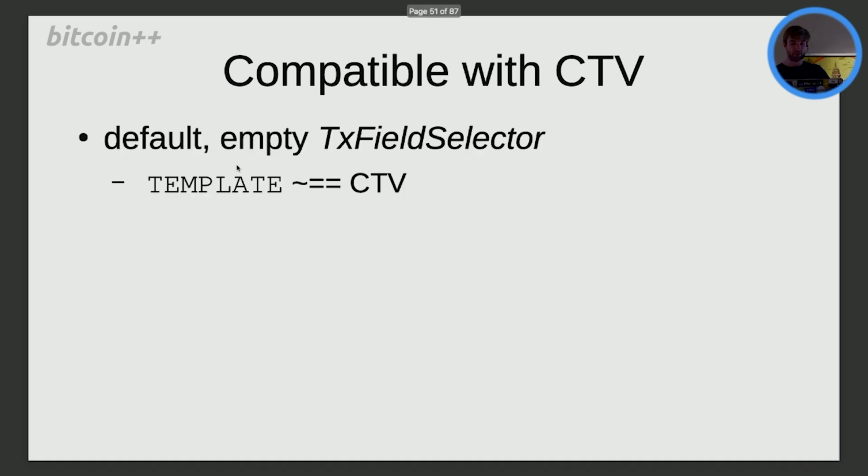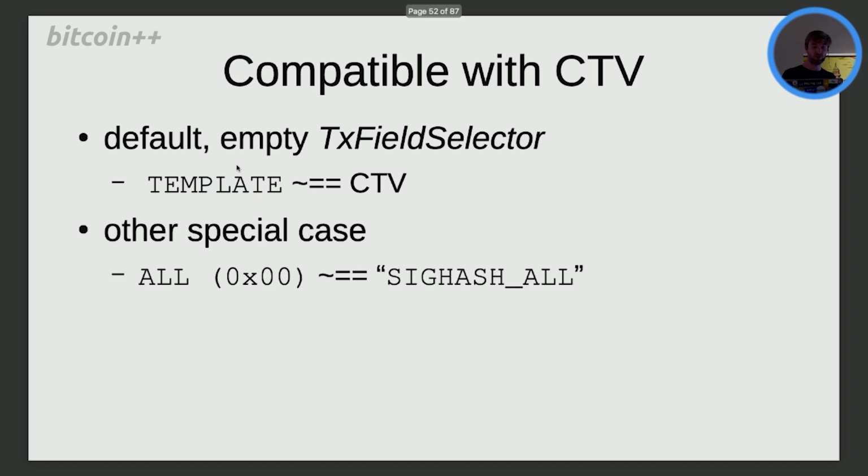The nice thing about this proposal is that it's very compatible with CTV. Because we define an empty field selector, like if it's 0 bytes long, we actually pick a field selector that is equivalent, more or less, not byte for byte, but equivalent to CTV. It commits to the same things. We call this the template default, and then we add one extra default that is the all case, which is useful if you would ever use this for signatures, and it basically commits to everything.